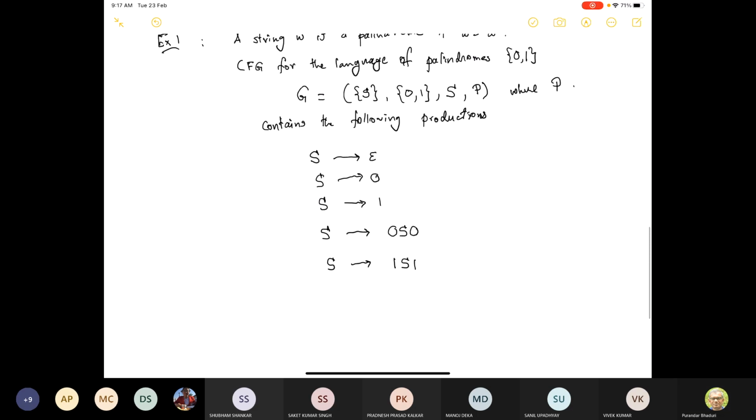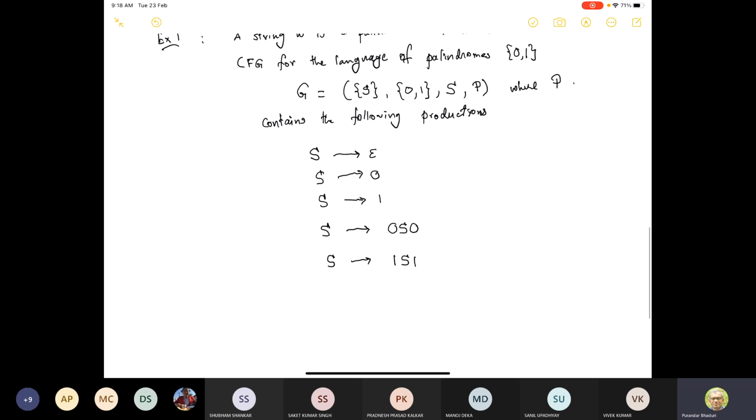Now, for brevity, instead of writing so many lines, we often write it as follows in a single line, okay?